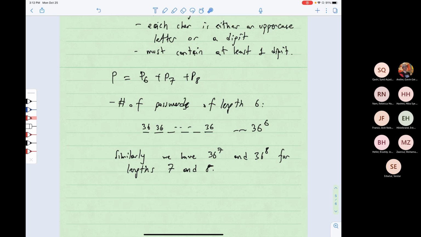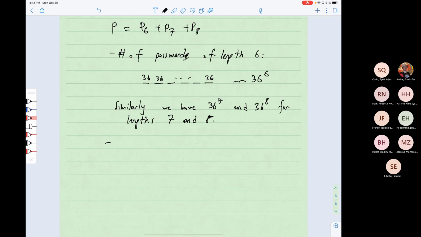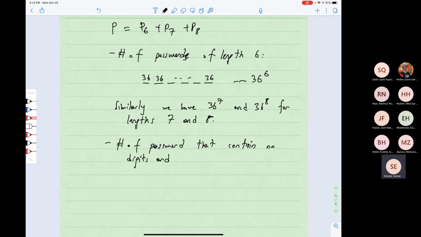So, the number of passwords that contain no digits and are of length 6.